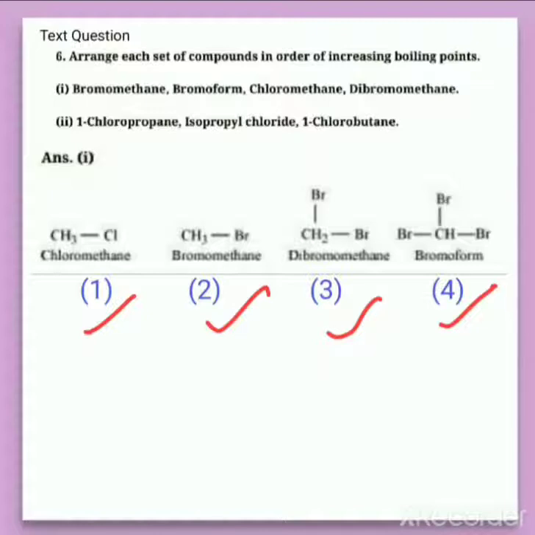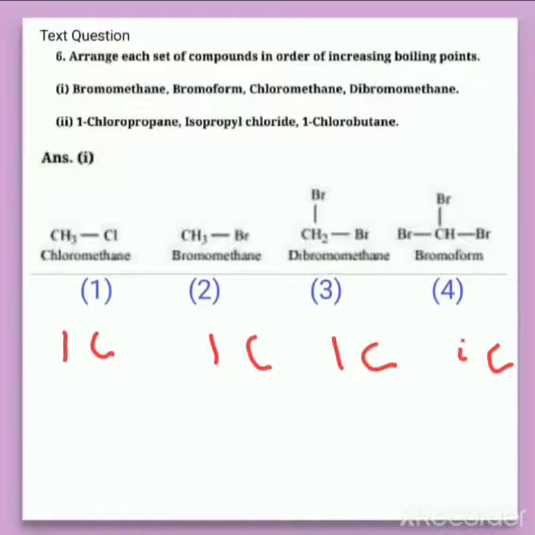Then we need to compare, first of all, the alkyl groups. In all of these there is a single carbon atom. This is also a one carbon compound, this is also one carbon, this is also a one carbon compound. So first of all we will compare the number of carbon atoms.